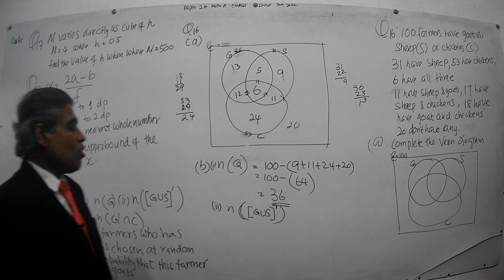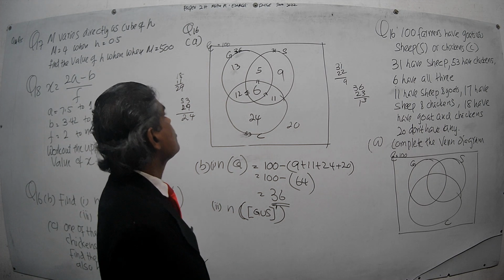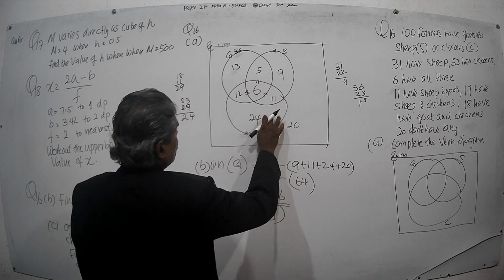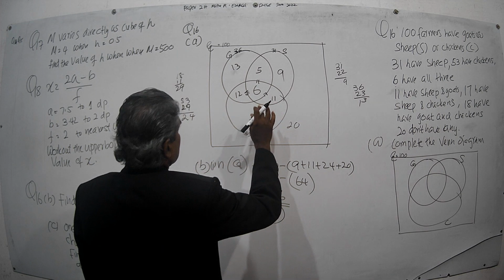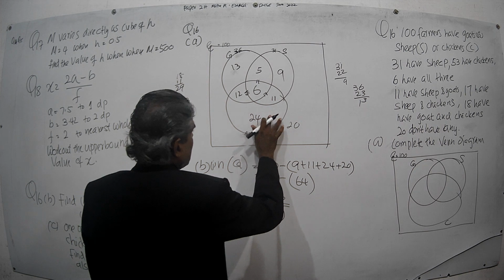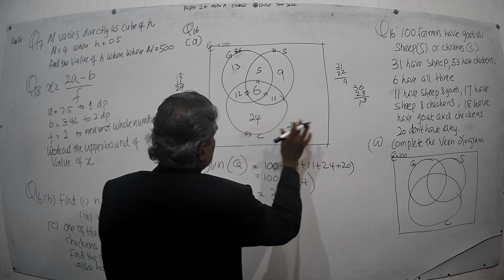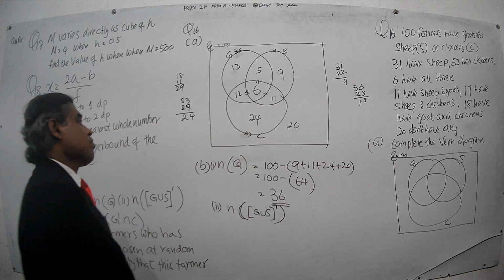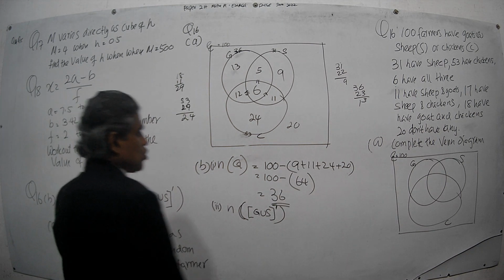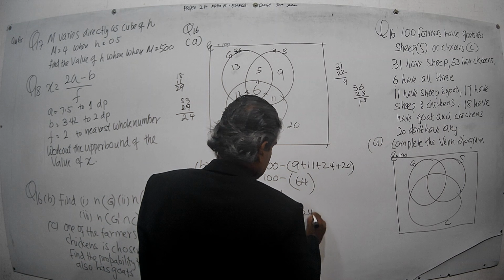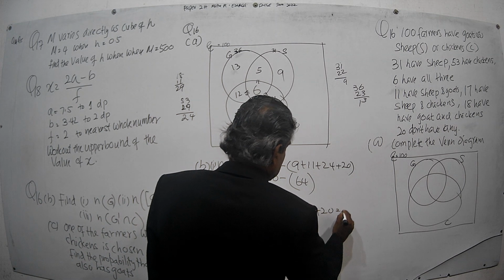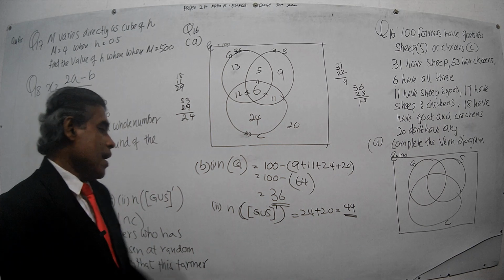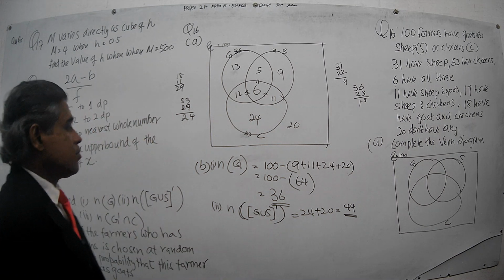Who don't have goats or sheep is this part and this part: only chickens and not having any of the three. Then how much? 24 plus 20 equals how much? 44. That is the answer. 44 farmers don't have goats or sheep. Okay.